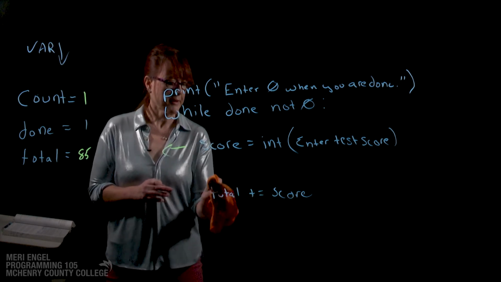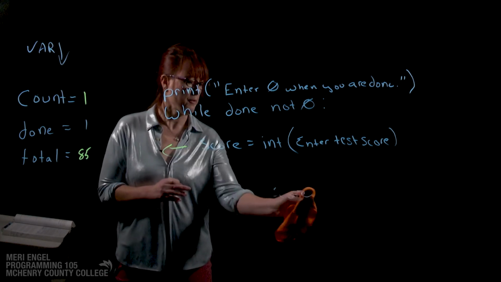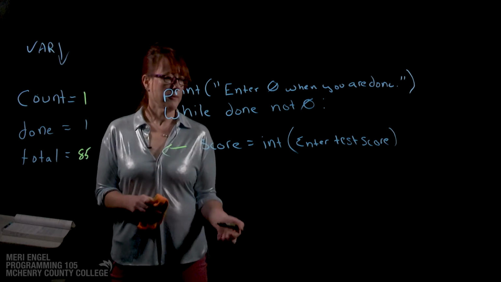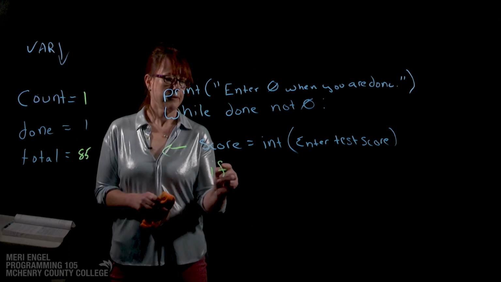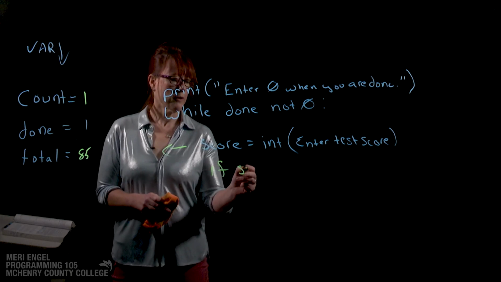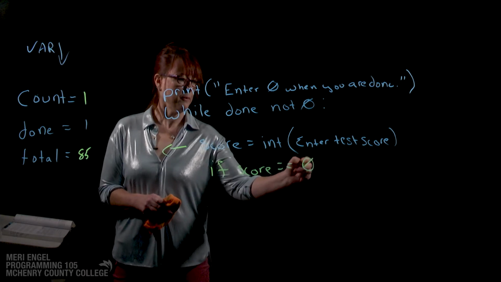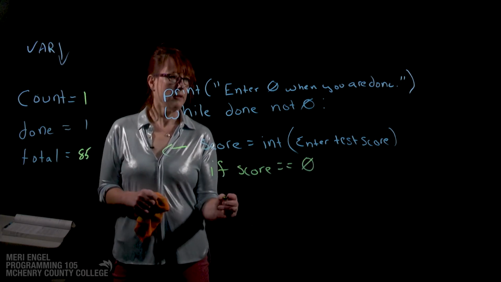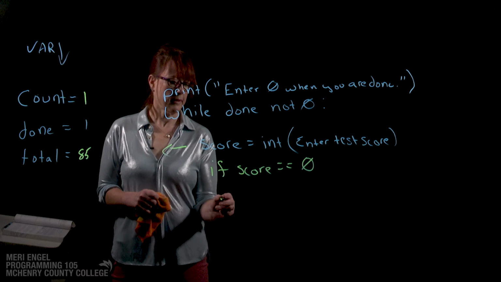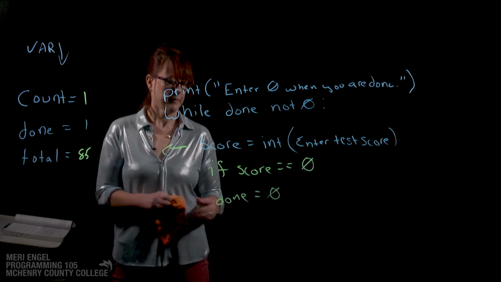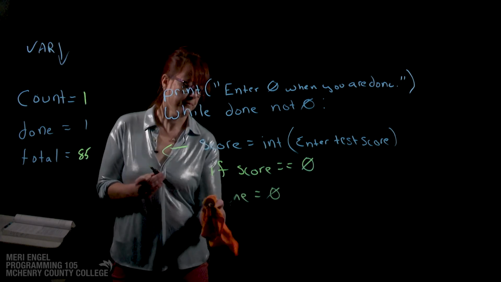This is easier on a computer when you forget a line and need to go back, but it's something that happens commonly. So here we do if score equals 0, done equals 0. And that should be tabbed in.